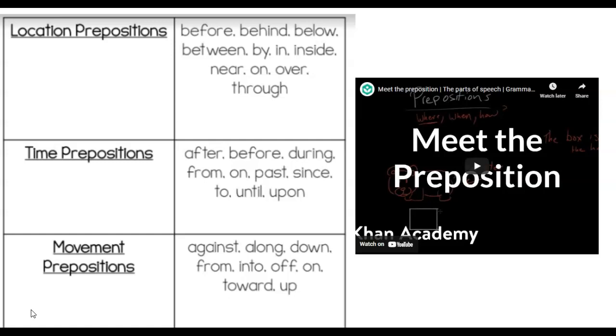I ran along the path. The ball rolled down the hill. Against, from, into, off, on, toward, up. These are all examples of movement happening. So location, time, or movement.